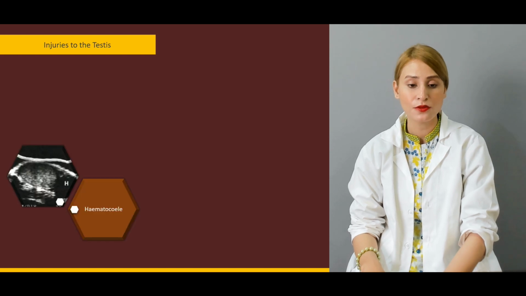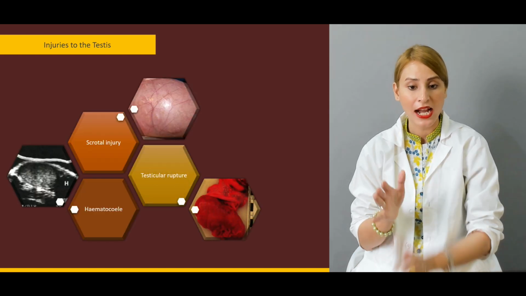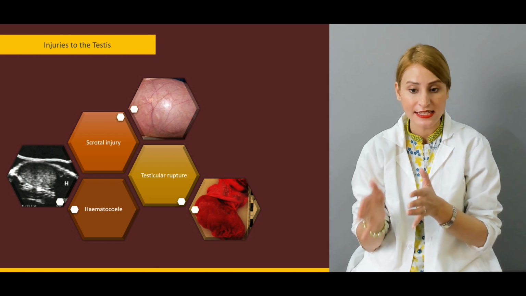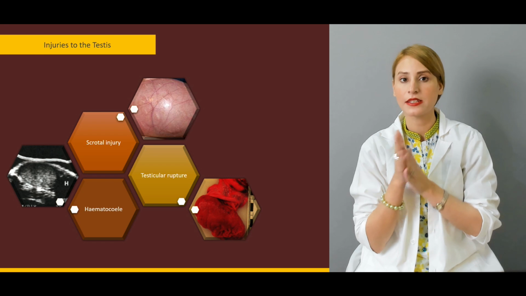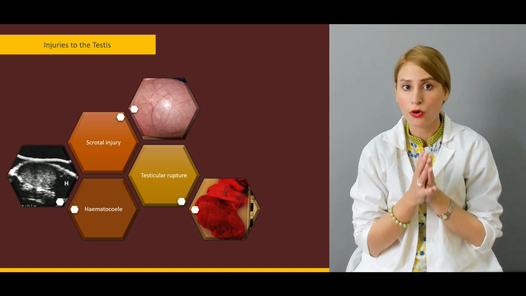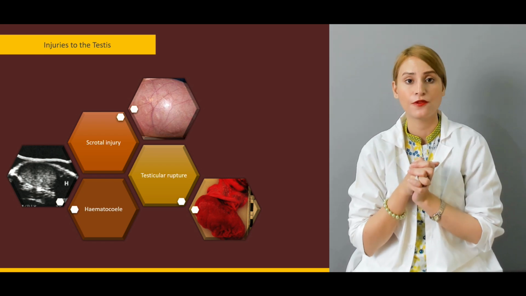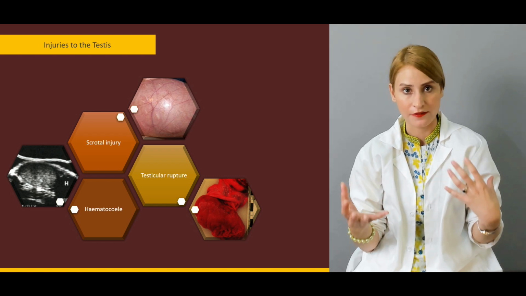And what you have to do is differentiate the testicular rupture from a scrotal injury, right? The patient will give you the history of trauma, or injury, or fall, and then you have to examine, obviously.